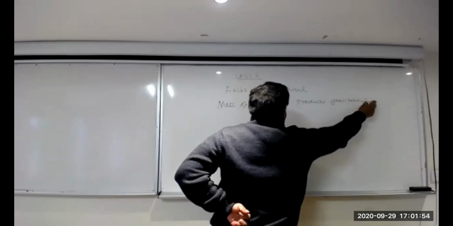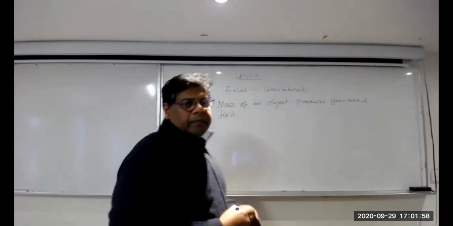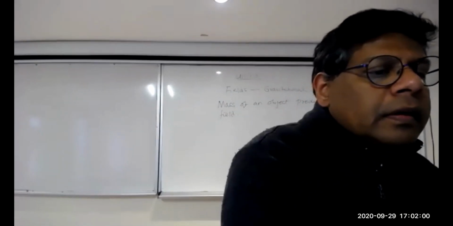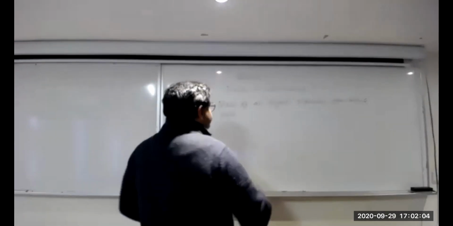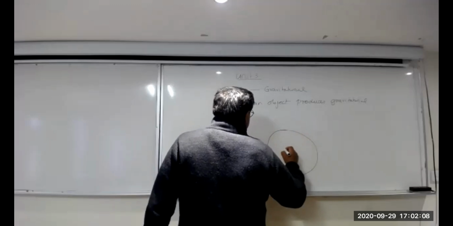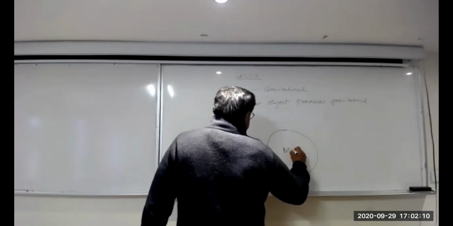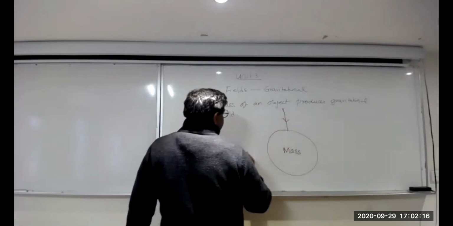As you guys remember, if you think about the field line in gravitational fields, the field line is always coming towards the objects, attractive.